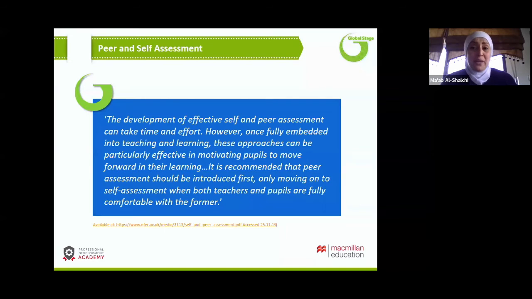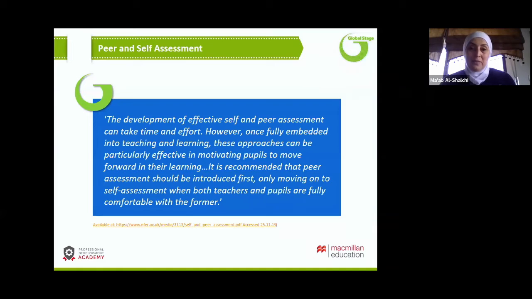And so at the beginning, you're going to need to push them to actually enjoy the kind of assessment that you need them to work on. And once they get the full idea, they will start to enjoy it.